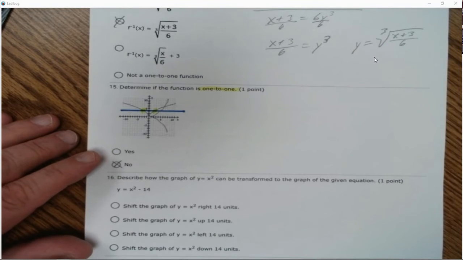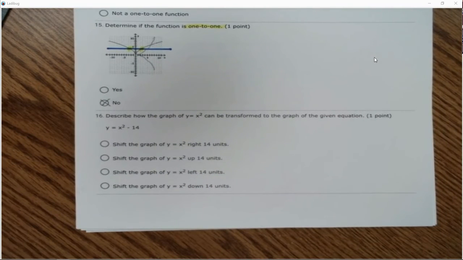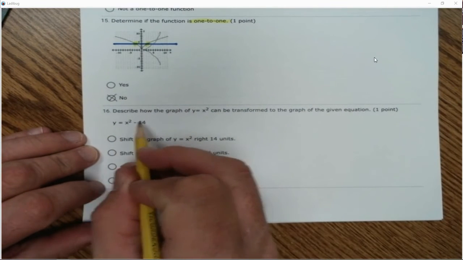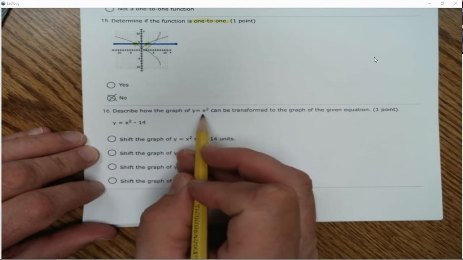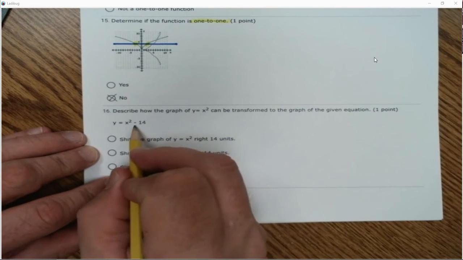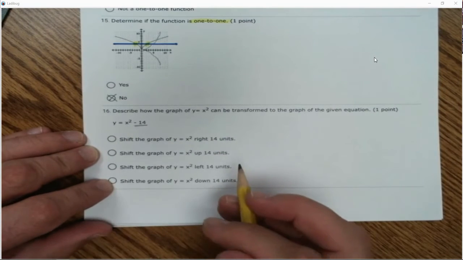Okay. Number 16. Describe how the graph of y equals x squared can be transformed to the graph of the given equation. So how do we make the graph of x squared look like the graph of x squared minus 14? Well, anything that's out here at the end is just a constant. How does it affect the graph of the function?